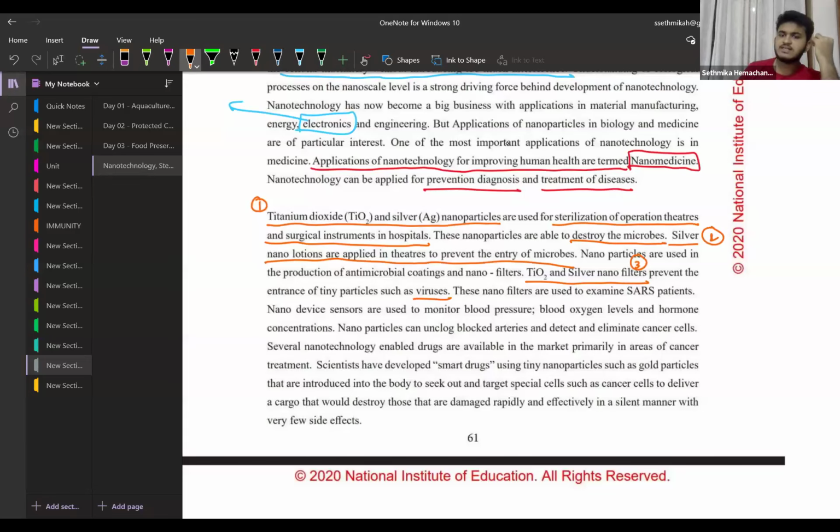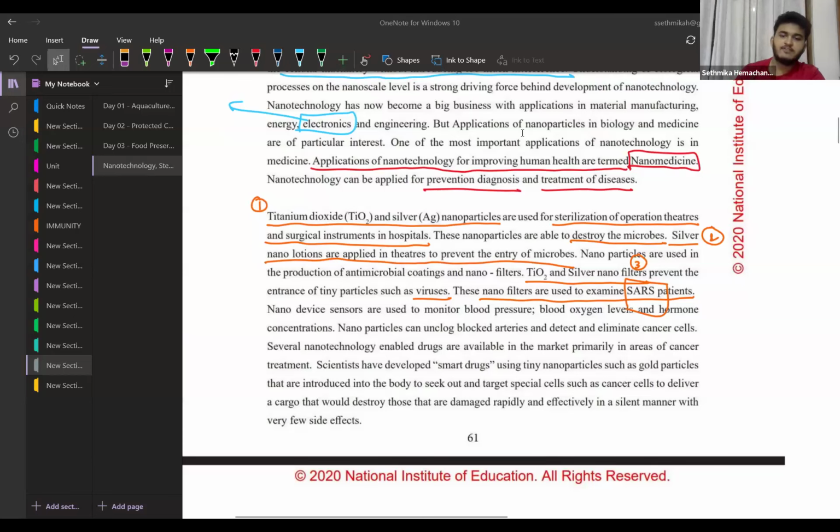Okay. These nanofilters are used to examine SARS patients, right? SARS, what kind of disease is SARS? Yeah, it's a virus disease, right?